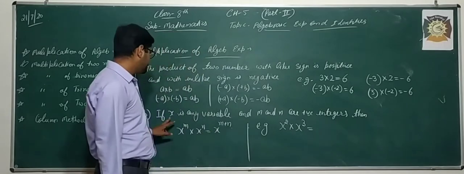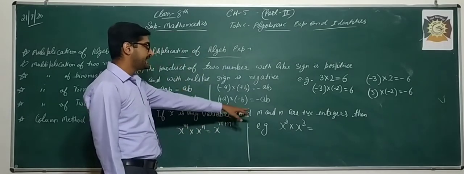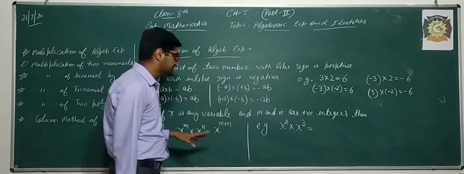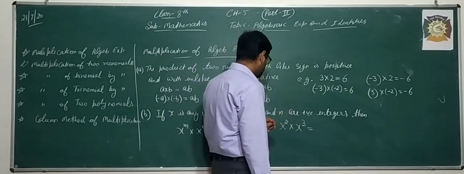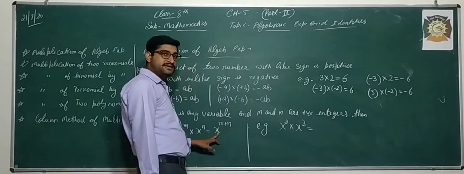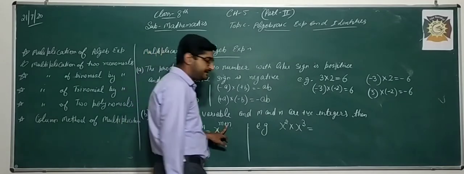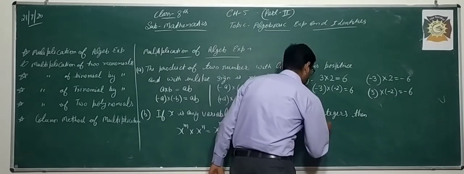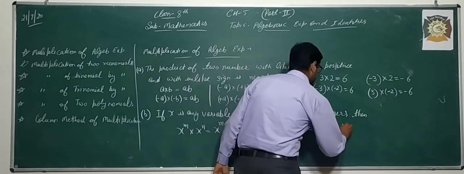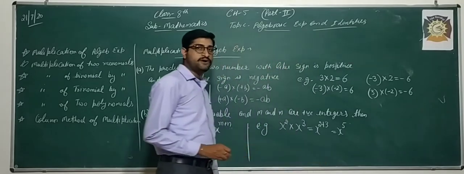So here you can see x is a variable and m and n are positive integers. So what will we do? x will remain the same and the powers will be added. So we will write it as x power 2 plus 3. So this is x power 5.